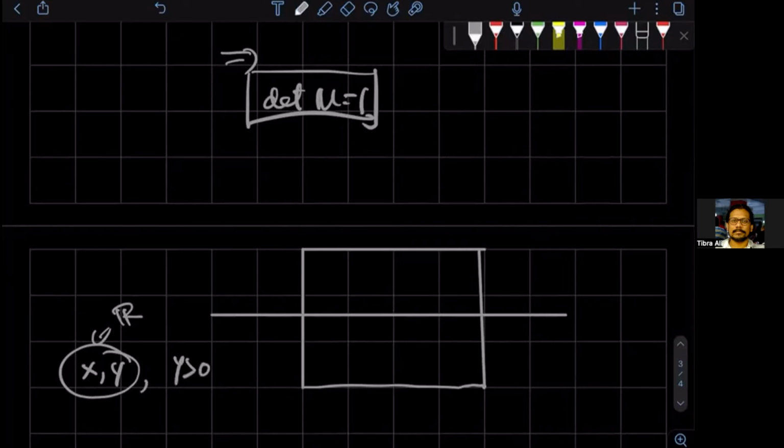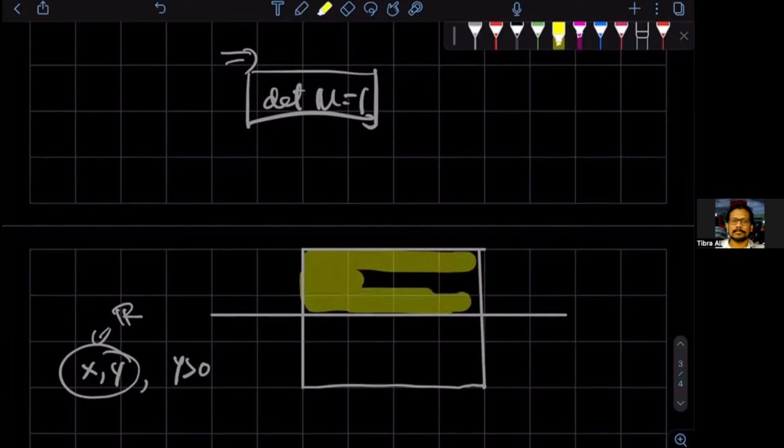In that case, the number of free parameters is still the same, but we don't have access to the whole R2 plane. We just have access to the upper half plane, right? When we have an inequality like that, we don't have a reduction of the number of parameters.